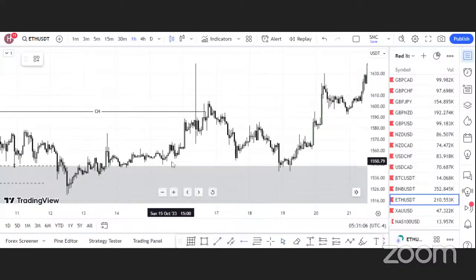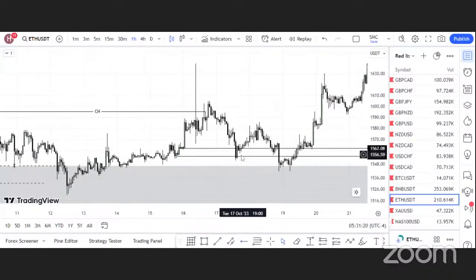So let's just mark that area out. So we have this gap, you see, and we had this other block around this area. So let's just take it from the other block and see how the market respected all the areas. You see, the market went from here. Even though the market came down again, I'm guessing there's a fair value gap on the lower time frame around this area.